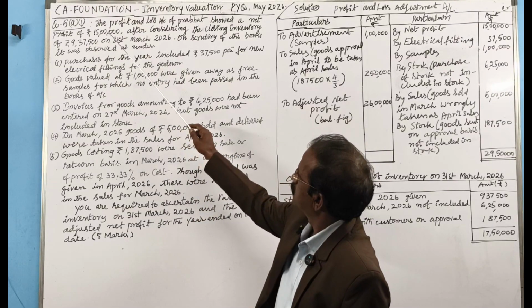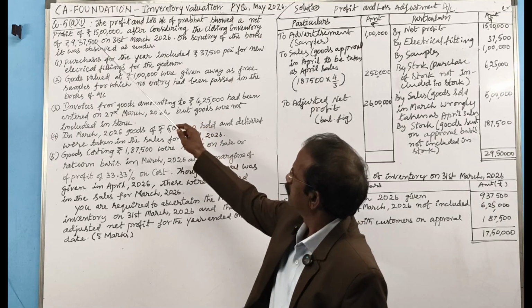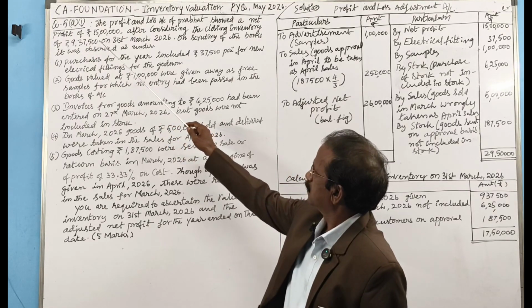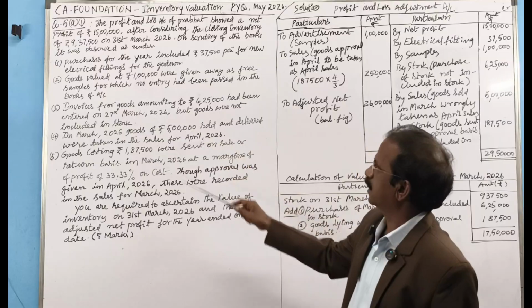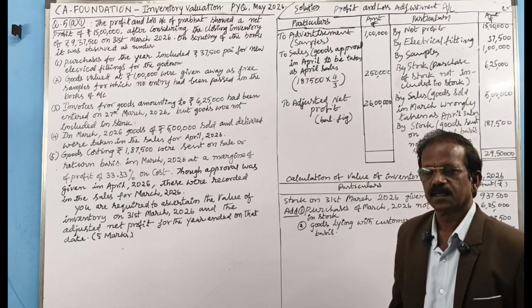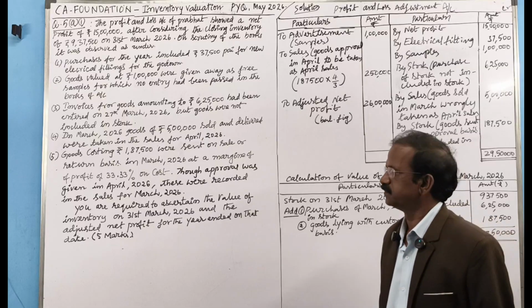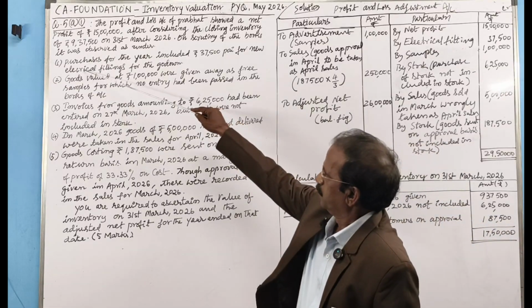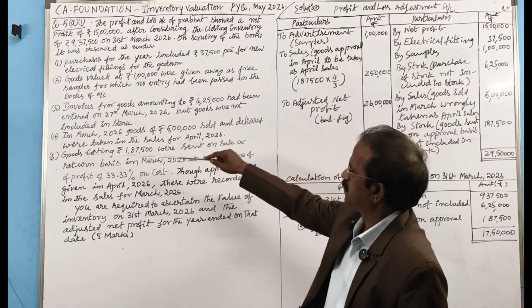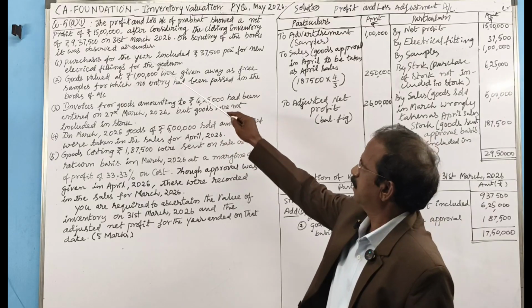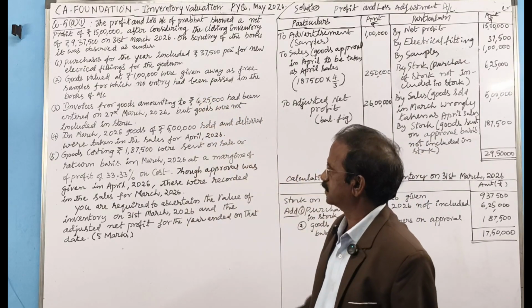It means this profit is not correct. This closing stock is also not correct. We need to find out the correct profit and correct closing stock, because these were the discrepancies. These were not considered while calculating these two figures.